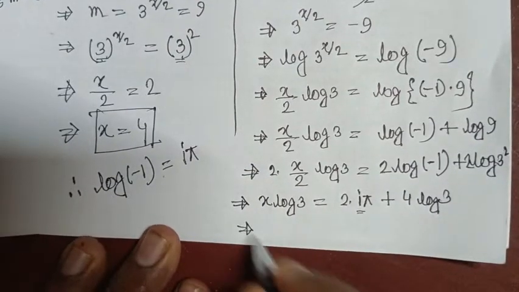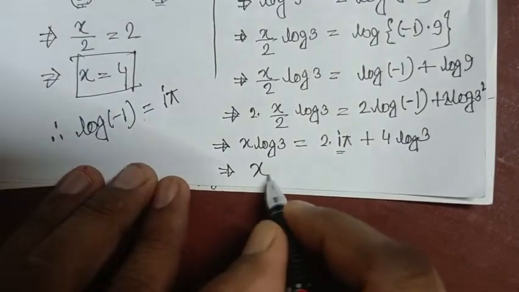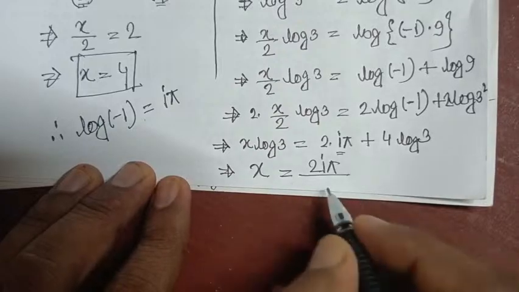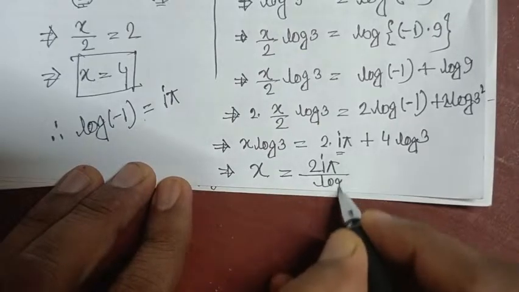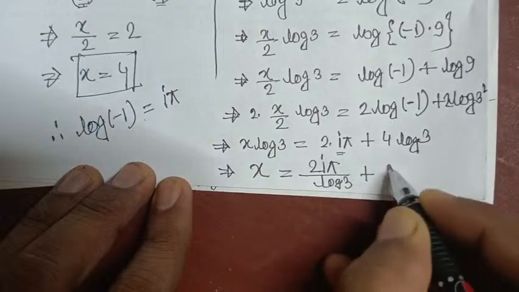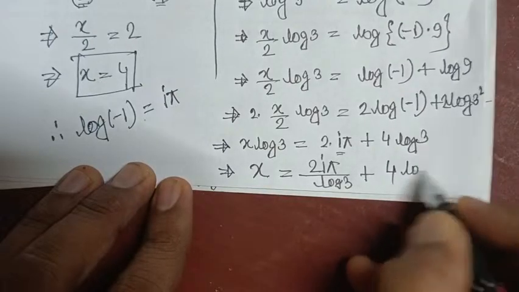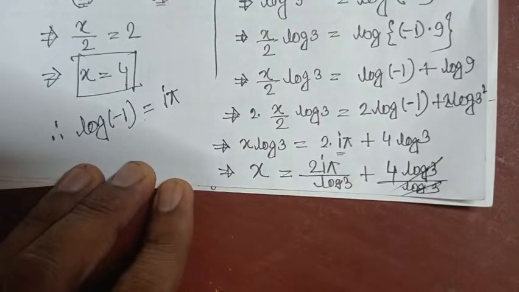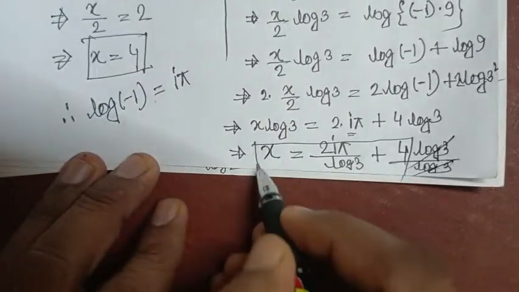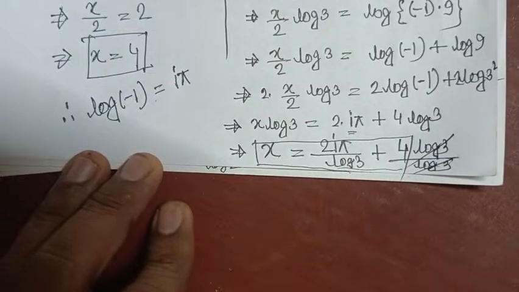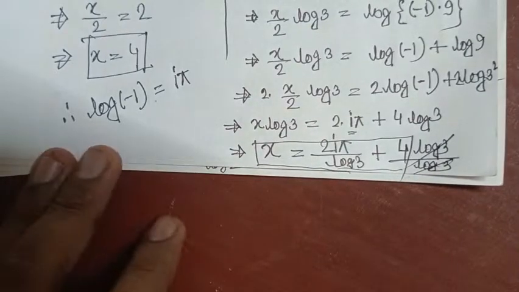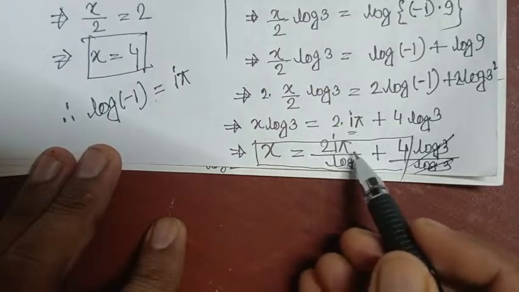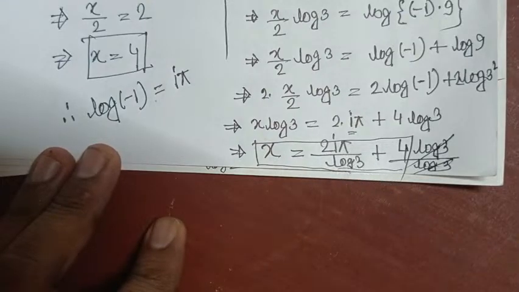Now we get the value of x: x is equal to 2 pi i by log 3 plus 4 log 3 by log 3, and that cancels out. So hence we get two solutions of x. One is x equal to 4 and another is 2 pi i by log 3 plus 4.